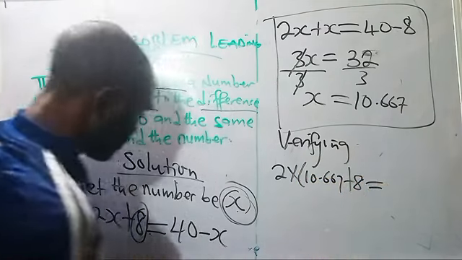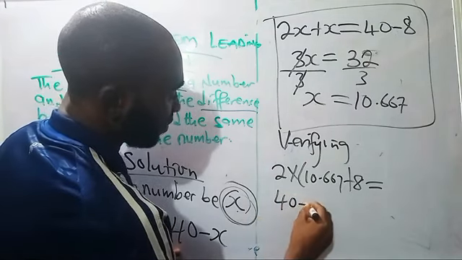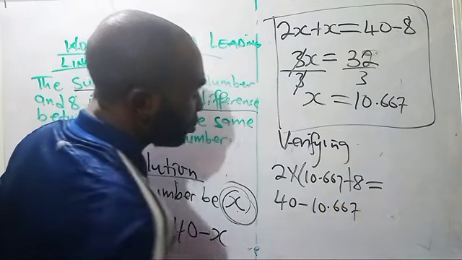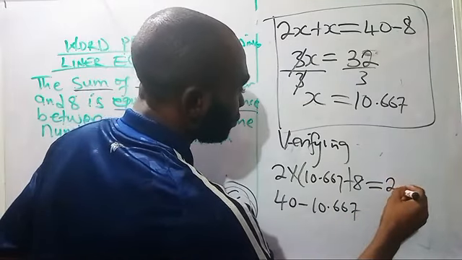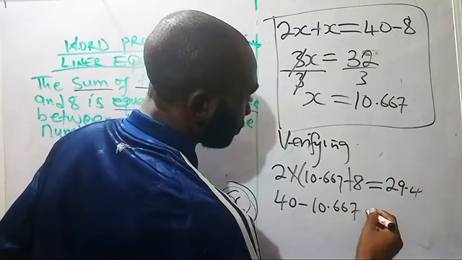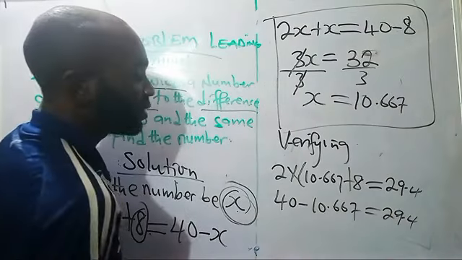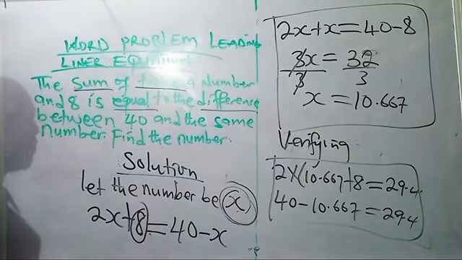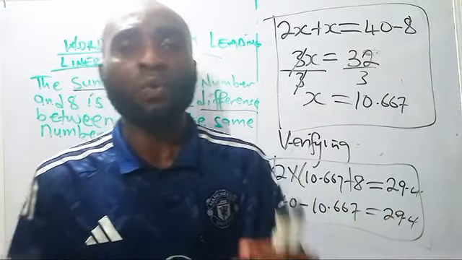Then I'll say 40 minus 10.667. You will see that everything gives you 29.4. So approximately, this is correct, since the left hand side equals the right hand side. So guys, that is exactly how to understand a word problem.